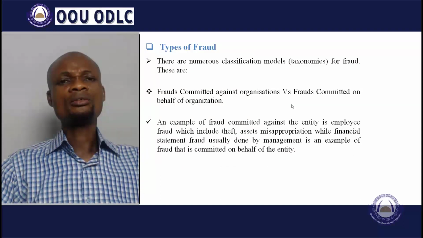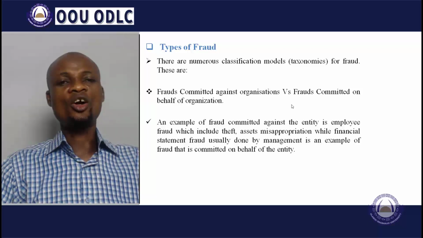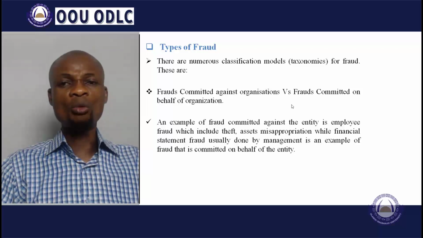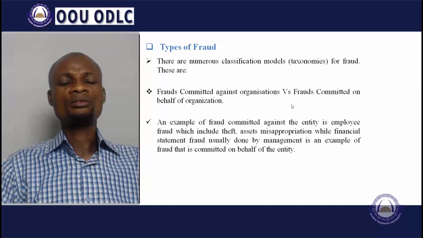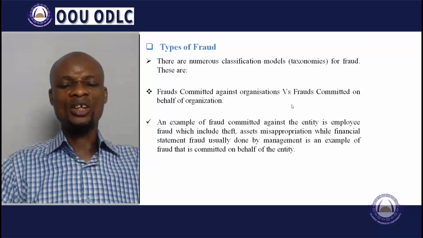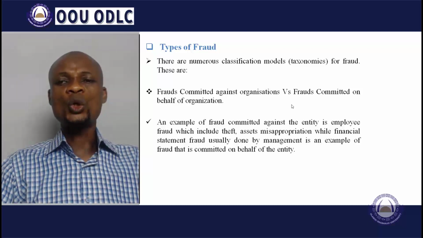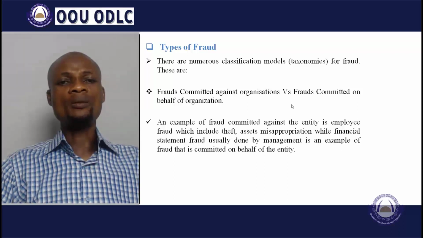From the definition, we now look at types of fraud. Fraud has numerous classification models. The first one: we have fraud committed against organizations and fraud committed on behalf of the organization. What do we mean?